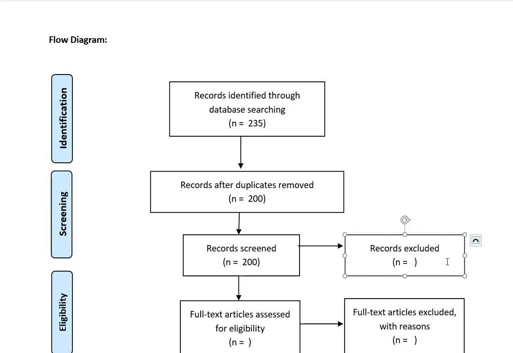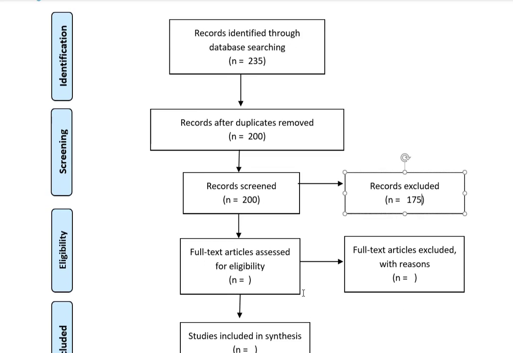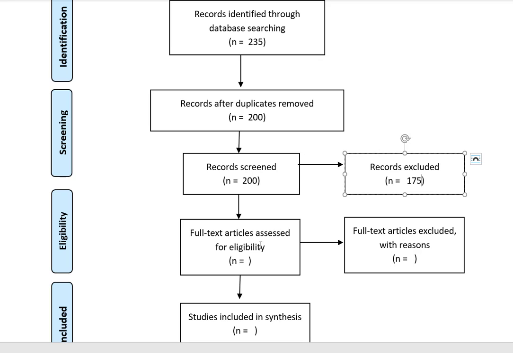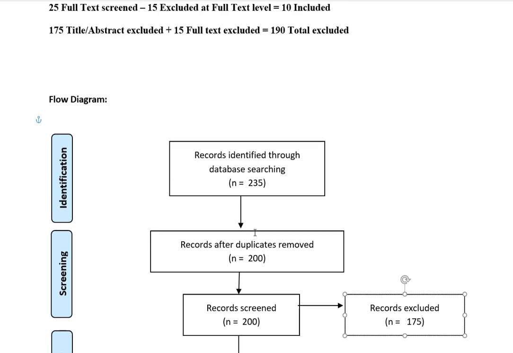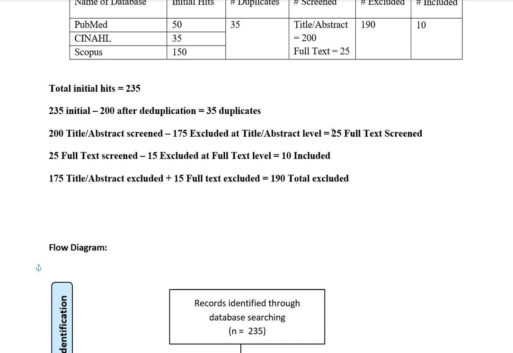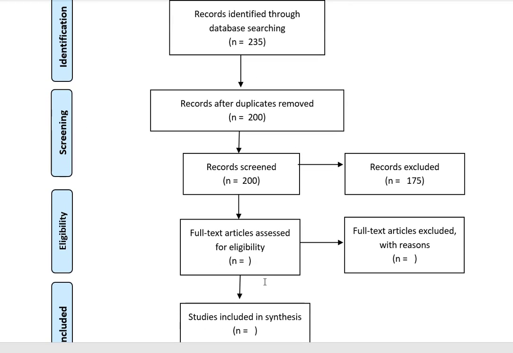So records excluded equals 175. Then full text, the full text articles assessed for eligibility. This is our number right here, 25 full text screened. So you will have read 25 articles to see whether you would include them in your synthesis table.